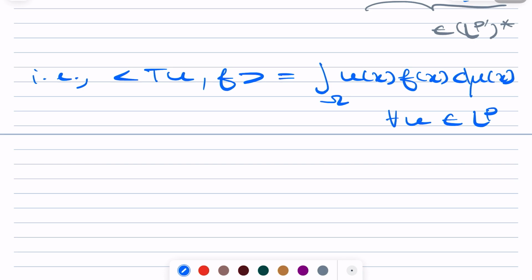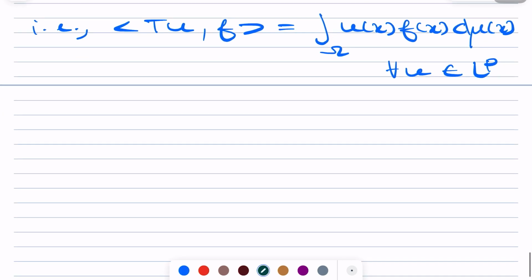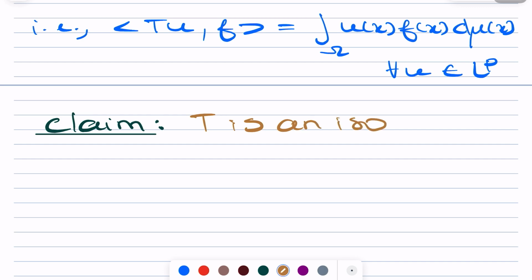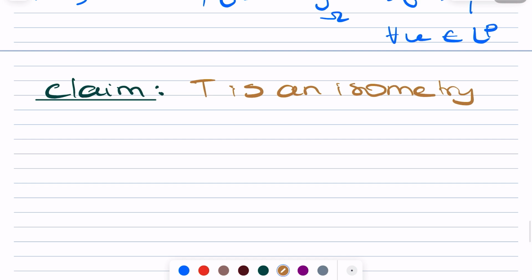So now we have the first claim, so our claim is that T is an isometry. So T is an isometry, right? Let's call it (9).